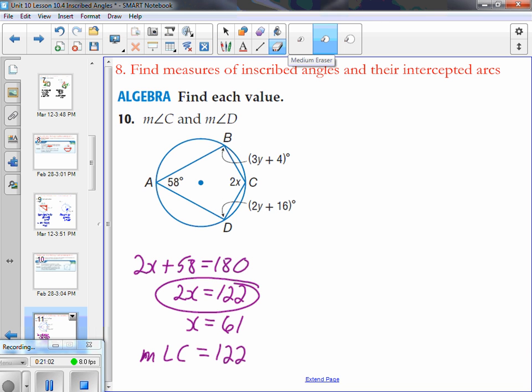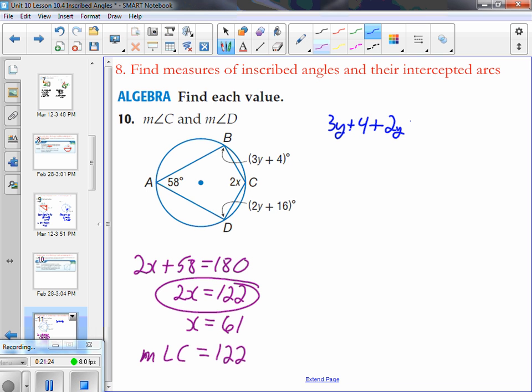Okay. Then they want us to find the measure of angle D. Well, I'm not going to draw it all out. I think you can see it. Angle D and angle B are opposite angles of that inscribed quadrilateral. So they're supplementary. So 3y plus 4 plus 2y plus 16 equals 180. 3y plus 2y is 5y plus 20 equals 180. 5y equals 160.